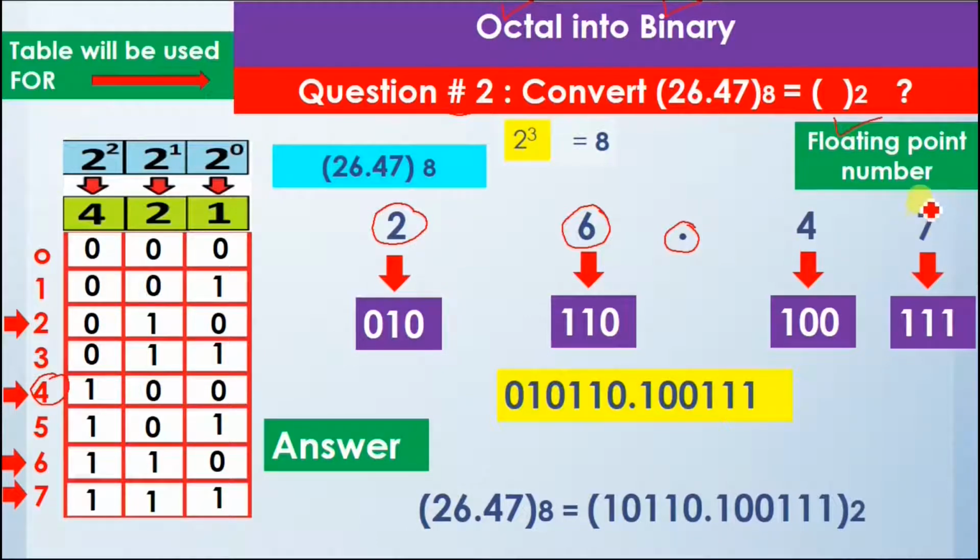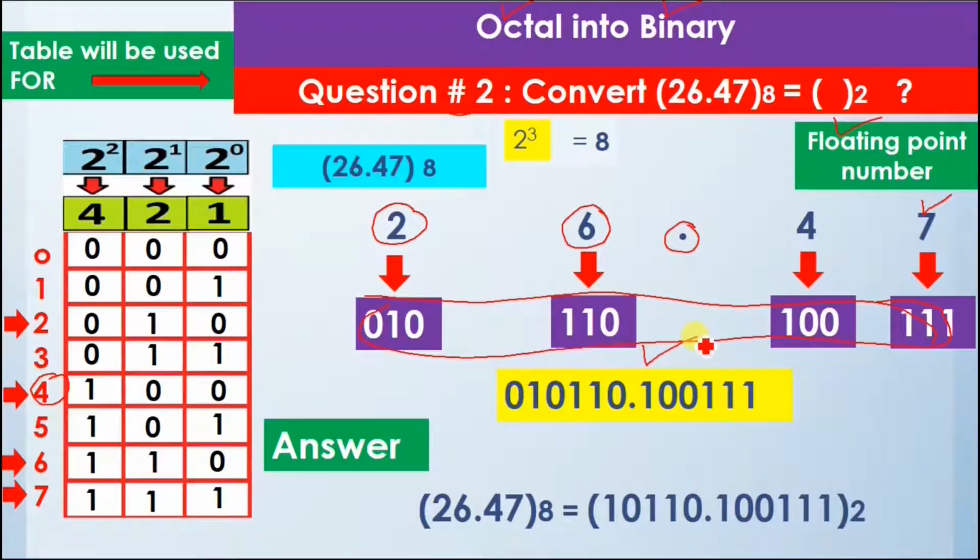And next we move to 7 and here is 7 in the table and 7 is equal to 111 in binary. So we write 7 as 111 here. So next we will combine all these digits together to calculate our answer.